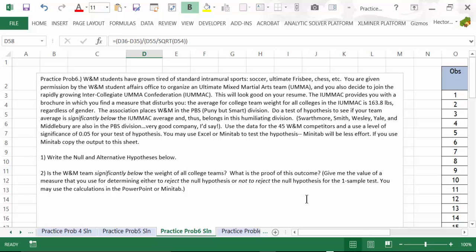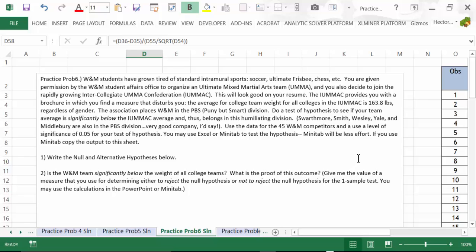We're going to compare our sample of the weights of our participants in the UMMA, the Ultimate Mixed Martial Arts team at William & Mary, versus other universities, where we have the average weight for the typical university to be 163.8.